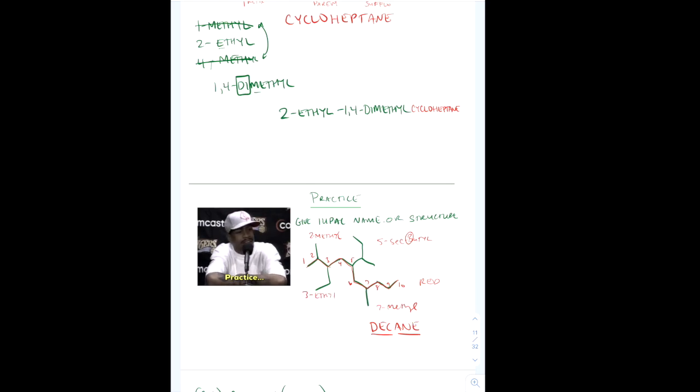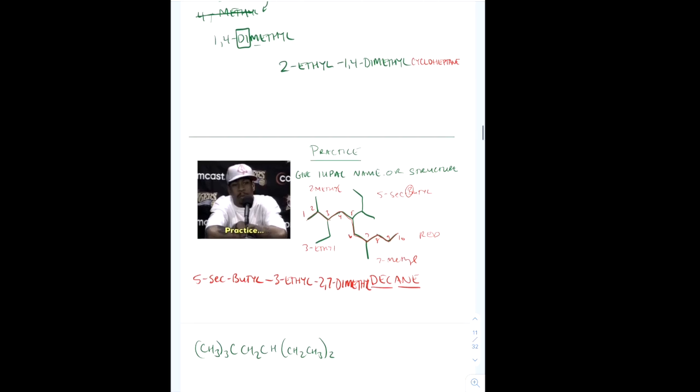Okay, so I'm just going to jump straight to the final name. All right, so B comes first, so that would be 5-sec butyl. And E comes before M, so that's a 3-ethyl, 2,7-dimethyl decane.